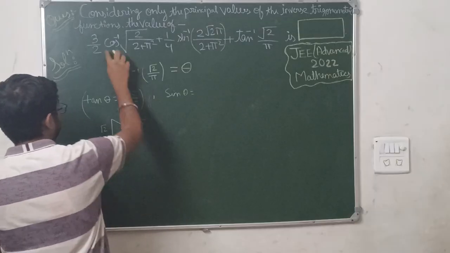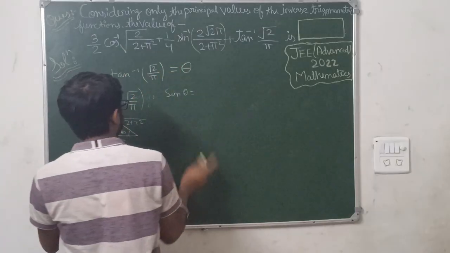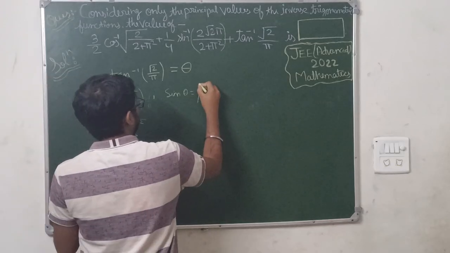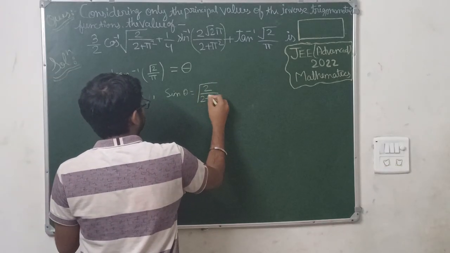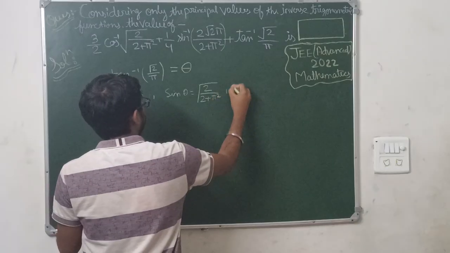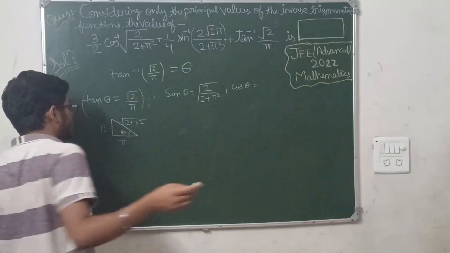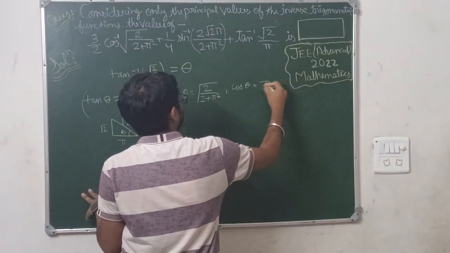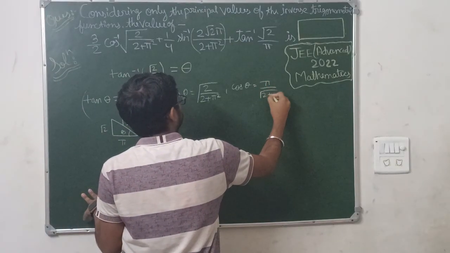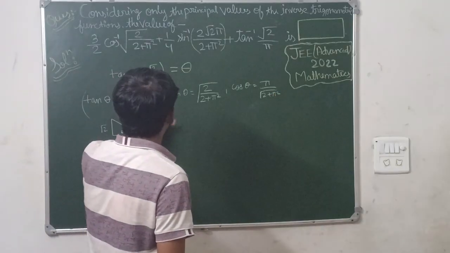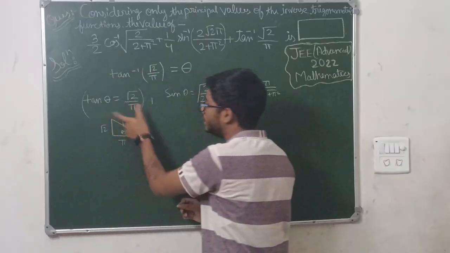So sin theta is perpendicular upon hypotenuse, which means root 2 upon root over 2 plus pi square. And cos theta is base upon hypotenuse, which is pi upon root over 2 plus pi square. These are the trigonometric functions from tan theta.